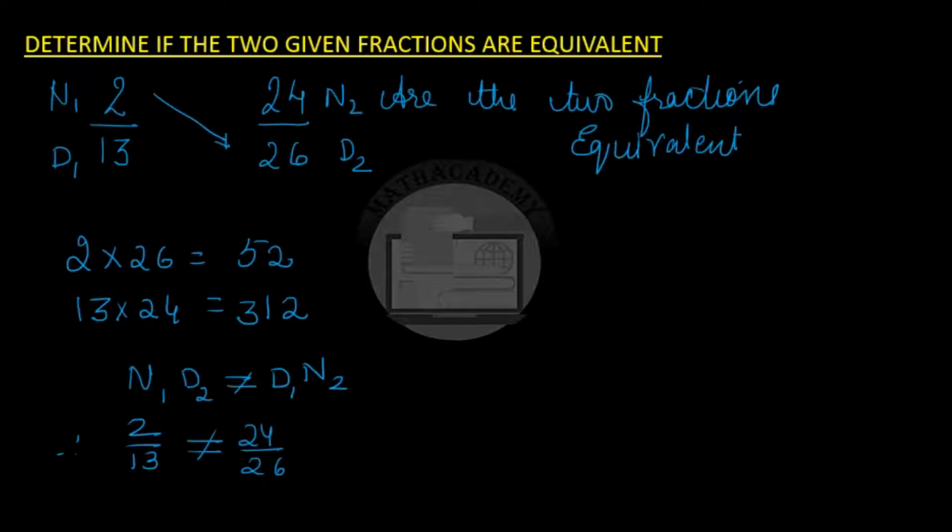Let us see one more example. If the two fractions are say 27 over 36, and it's told that 27 over 36 is equivalent to a fraction which is 3 over something. You need to find the denominator such that the two fractions are equivalent.